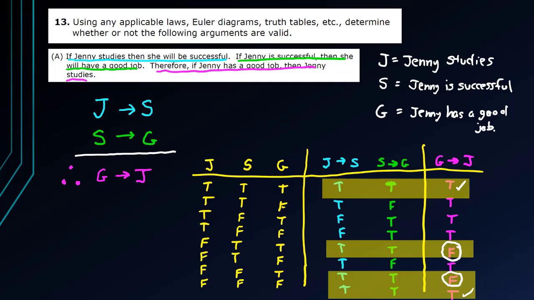Now, it only takes one of those to be false. If I have an instance where both of these conditions are upheld, yet this doesn't happen, this is not a true statement, which means it's not a valid argument. So, because I do have at least one of these turning out to be false when both of these conditions are true, this is not a valid argument. It's not valid.